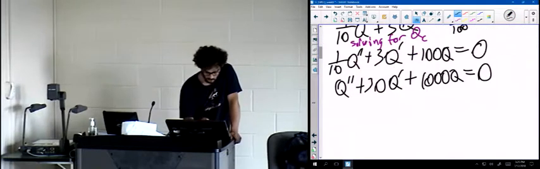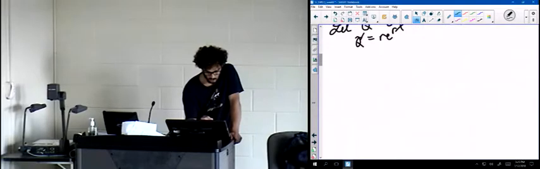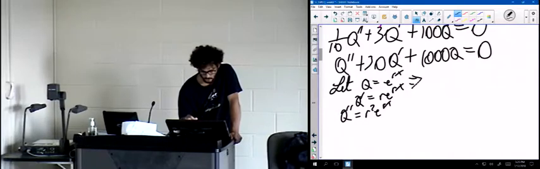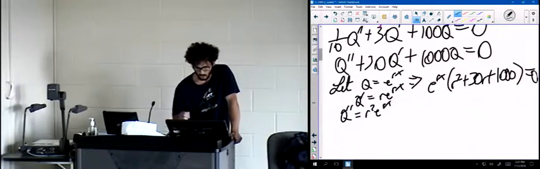And from here, just like before, Q equals e to the Rx, and then take its derivative twice. Thus, this implies something like this equals 0.